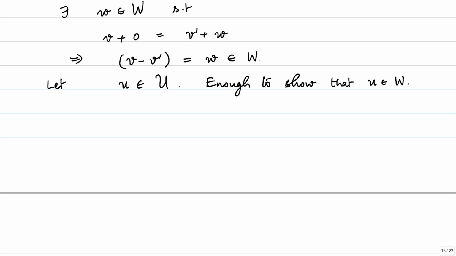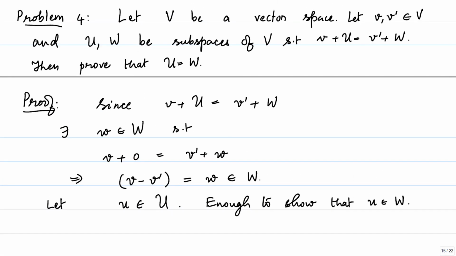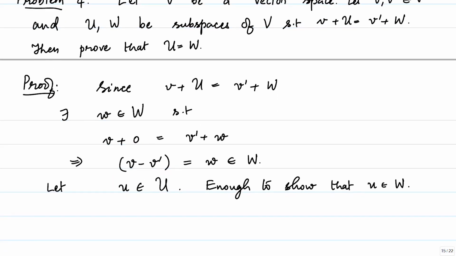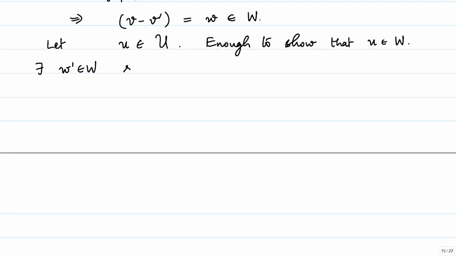Okay, so let's see. If u is in capital U, again, let's revisit the hypothesis. We know that V plus capital U is the same as V prime plus capital W, right? So that means there exists w prime in capital W such that V plus small u is equal to V prime plus w prime.